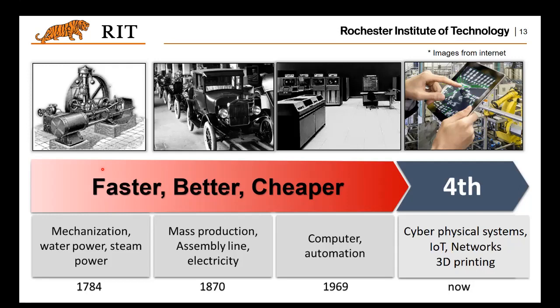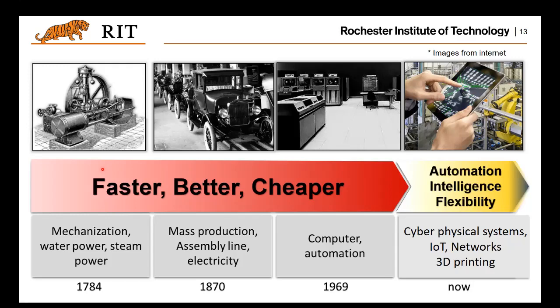But still, we have more requirements, and that is where we are. We are in the middle of the so-called fourth industrial revolution. As features of this revolution, there are new technologies such as cyber-physical systems, industrial IoT, high-speed networks, some simulation methods, VR and AR display technology, as well as 3D printing.